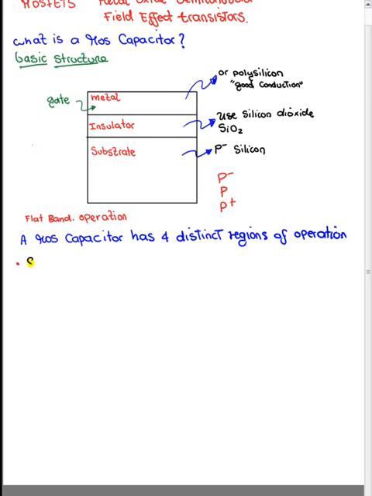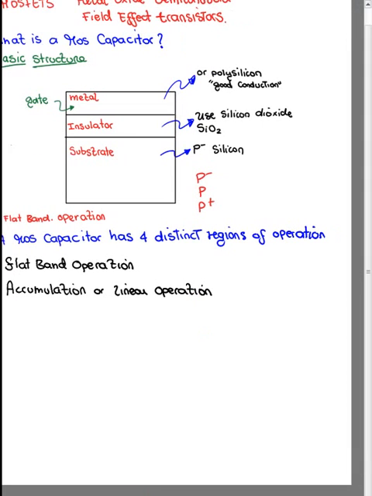So you're going to have flat band, which is the one that we just mentioned above. So it'll be flat band operation. Then you're going to have accumulation, that's 2 C's, accumulation or linear operation, and that is under negative bias.